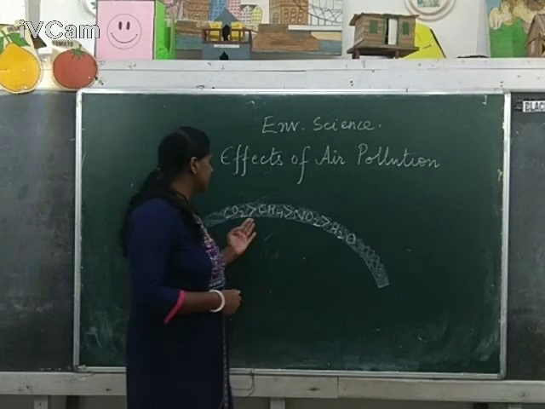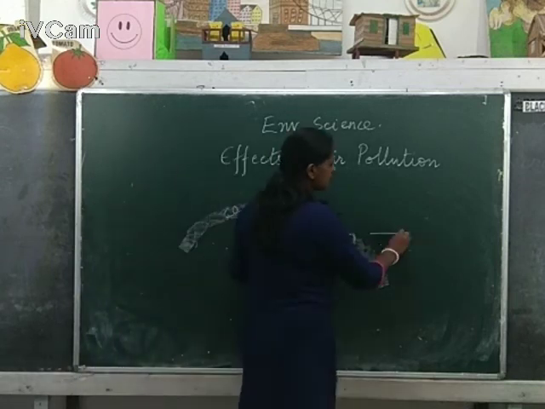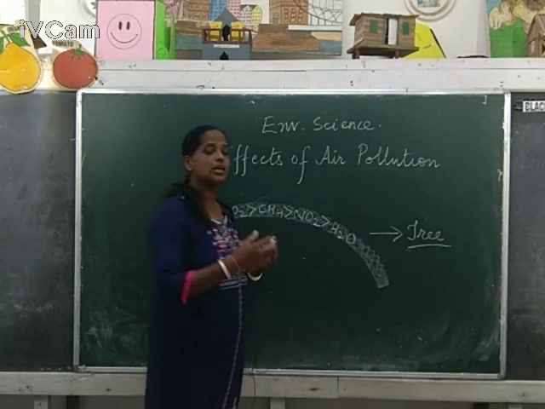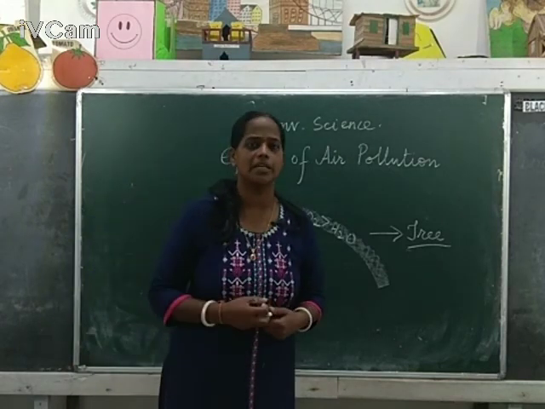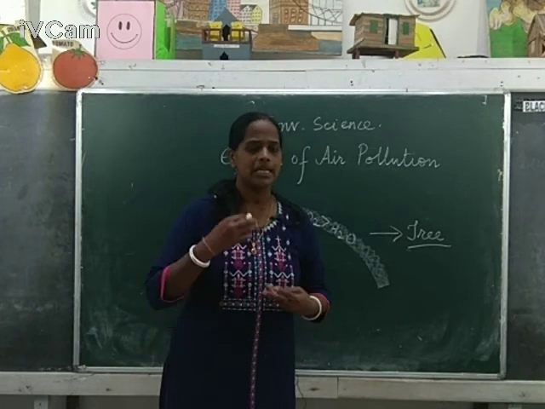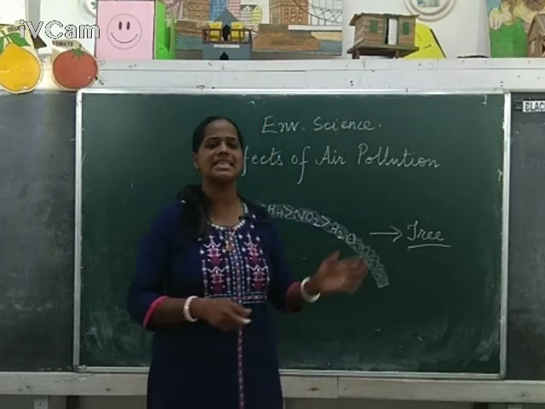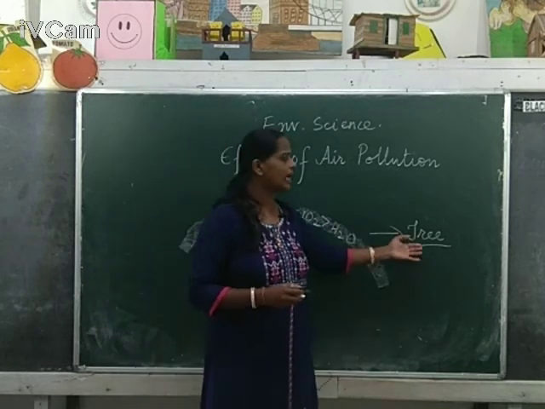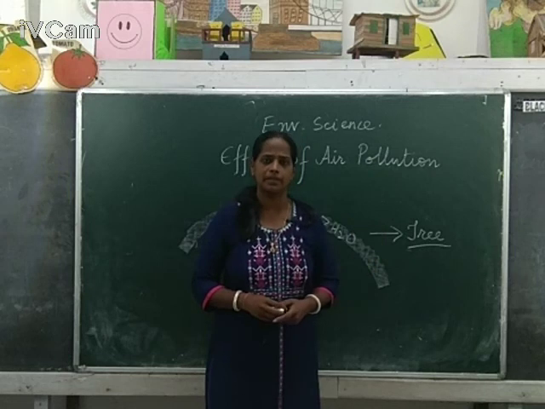Earlier there was a source to take the gas away. Trees were sucking the carbon dioxide from the environment. Industries and factories and vehicles all released these gases into the environment, but we had abundant trees, which took away the pollution from the environment.